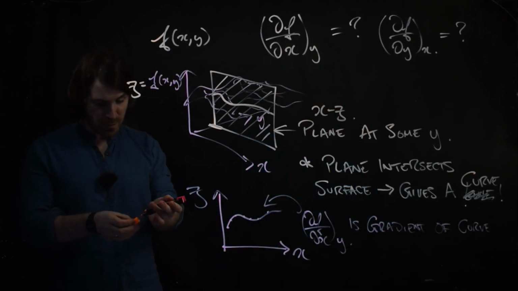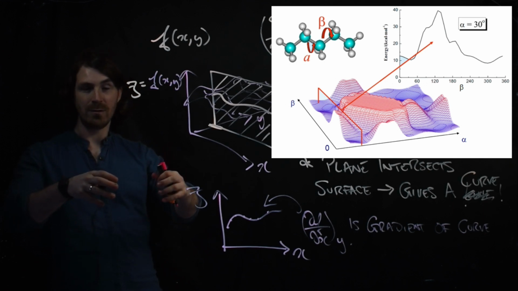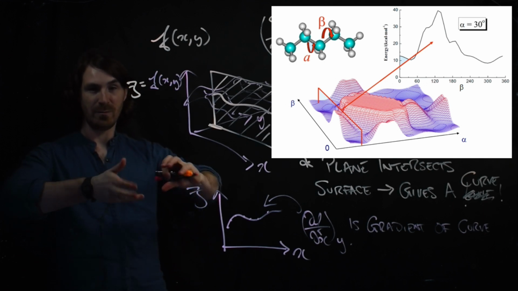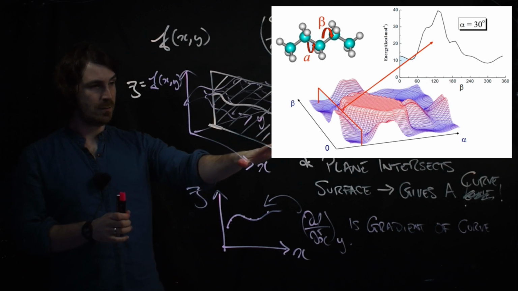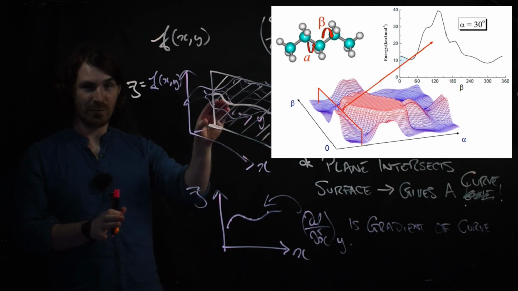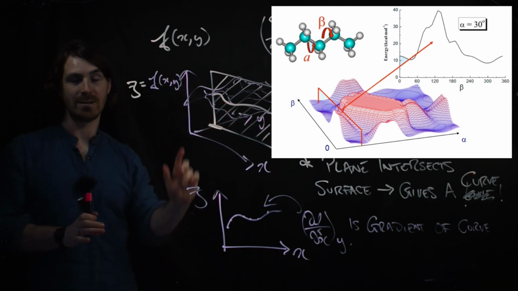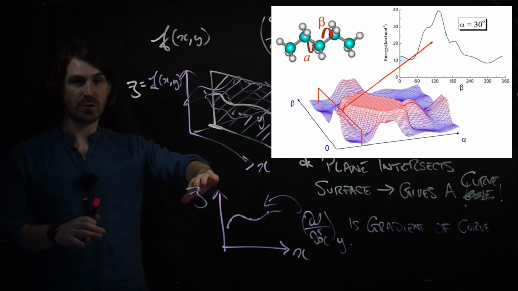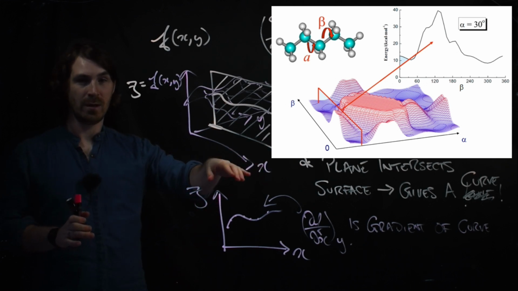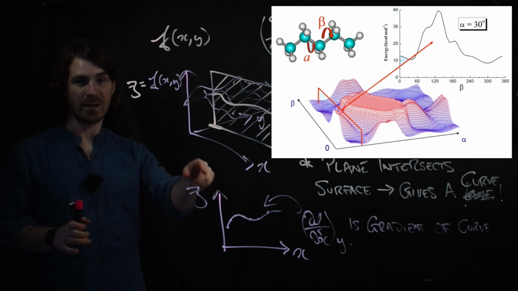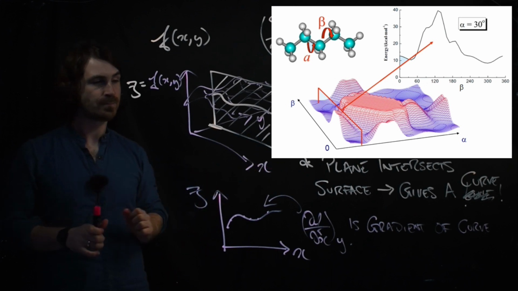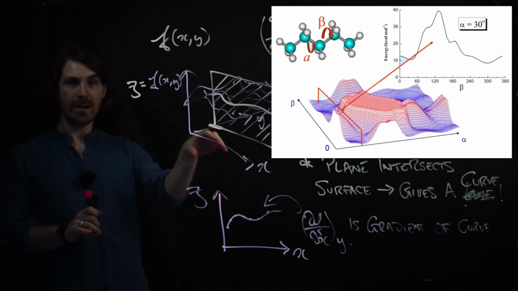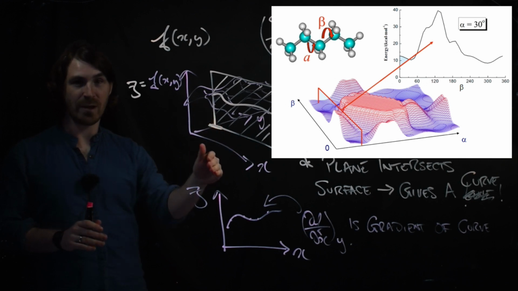So if we go back to our molecule that depends on these rotations, alpha and beta, then we saw the surface of energy. So the vertical axis is the energy. The surface shows the total energy of the molecule, and it's a function of two variables, alpha and beta, these rotations. The red line shows a constant value of alpha.